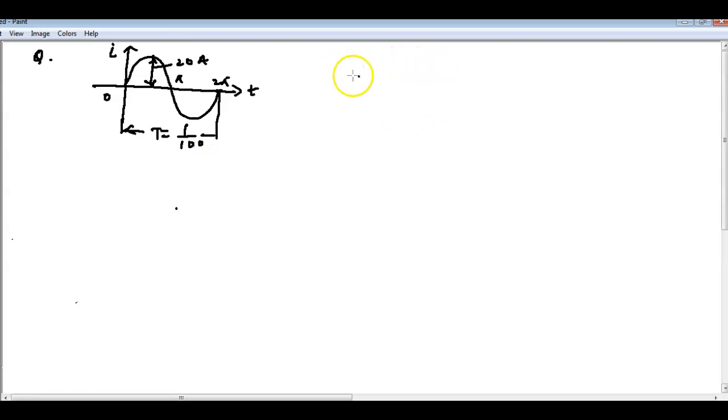For the current waveforms in this figure, find the peak current, the maximum current.